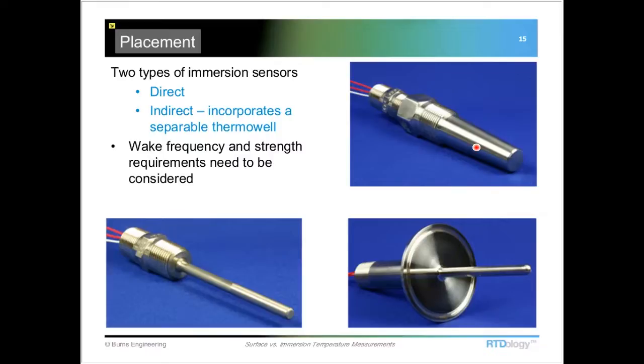With either of these, some of the considerations that you need to look at are wake frequency and strength, because if we have a real high flow rate, any of these designs can start to vibrate and cause a failure of the sensing element, or even the thermal well or the direct immersion style sensor.